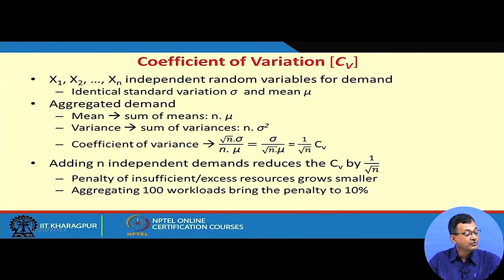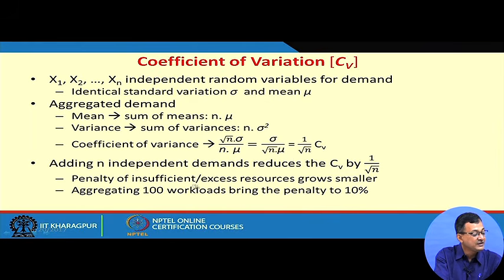If we calculate the coefficient of variation, it is 1 by root n times CV, right. So, if n increases, I multiplex more, then 1 by root n decreases. So, I have more smoothed out this coefficient of variation, or a smoother type of curve. Adding n independent demands reduces CV by 1 by root n. So, it becomes more smoothed out.